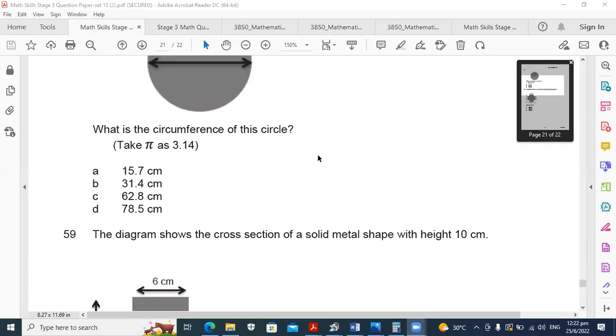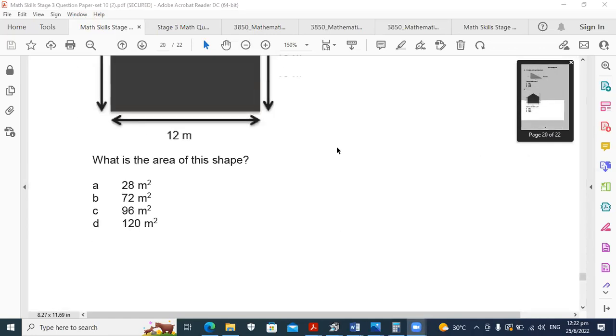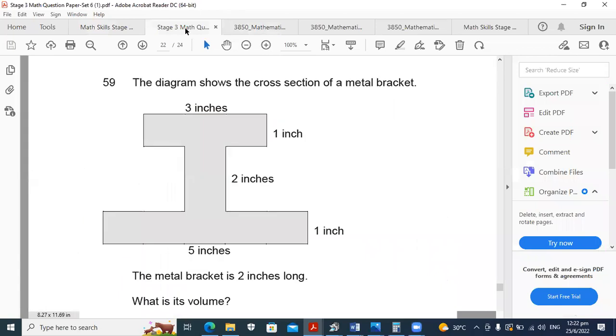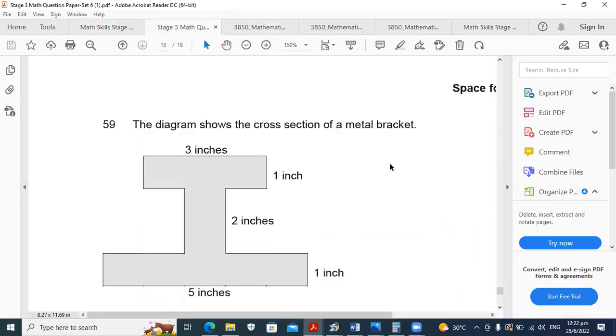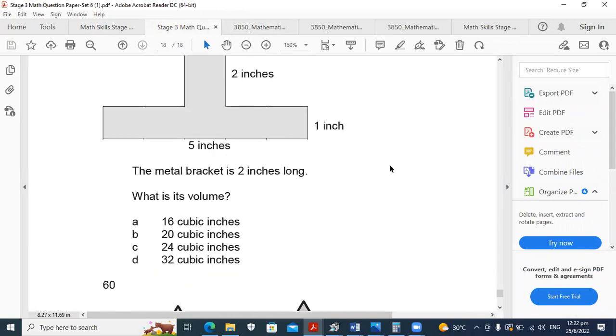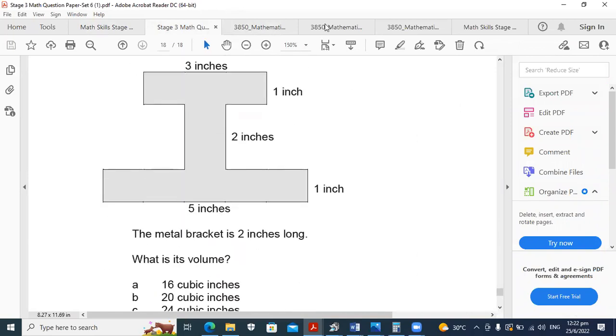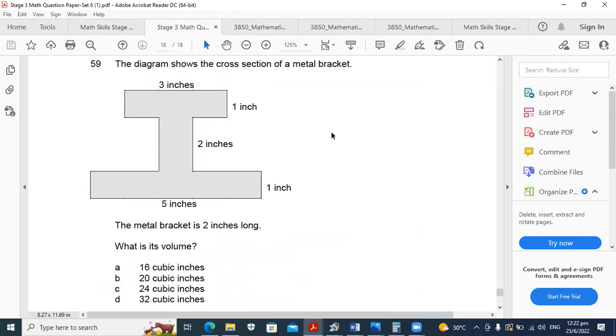All right. Let's look at this thing here. So it's a metal bracket. All right.